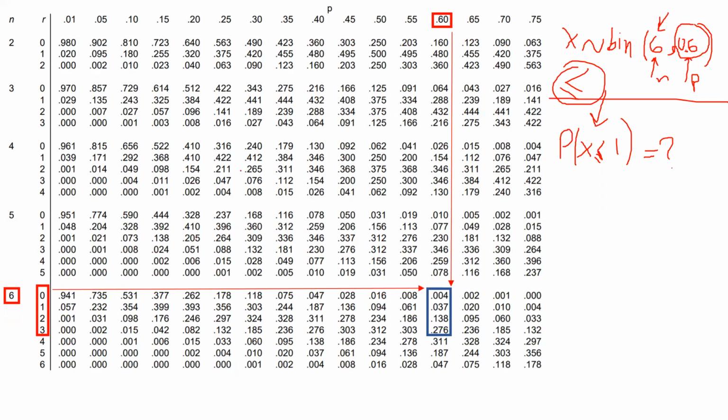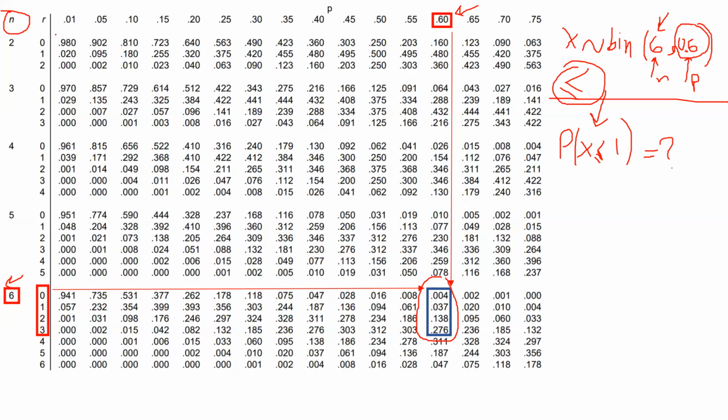So in my table, I look for n equal to 6, and I find it here. And then I look for 60%, which is here. What's the intersection? The intersection happens to be in this place. Okay, so what's the probability of x less than or equal to 1?